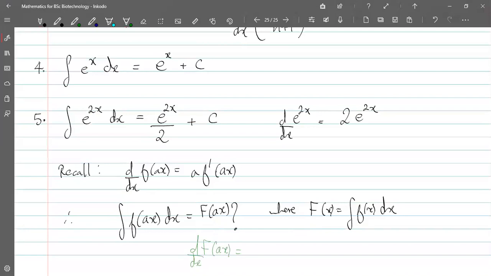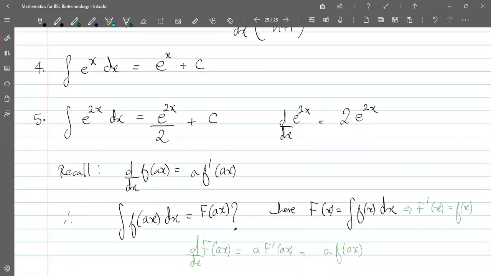It will be a f dash of ax, right? But what is f dash of ax? F dash of x is small f of x. So f dash of ax is small f of ax.